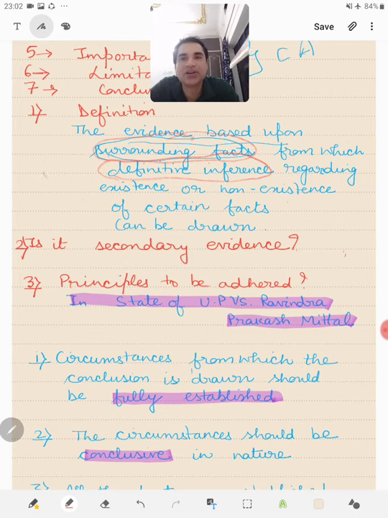So these are not the fact itself, rather these are the surrounding facts, surrounding circumstances, but such circumstances from which certain definitive inference can be drawn with regard to the main aspect or the main fact.